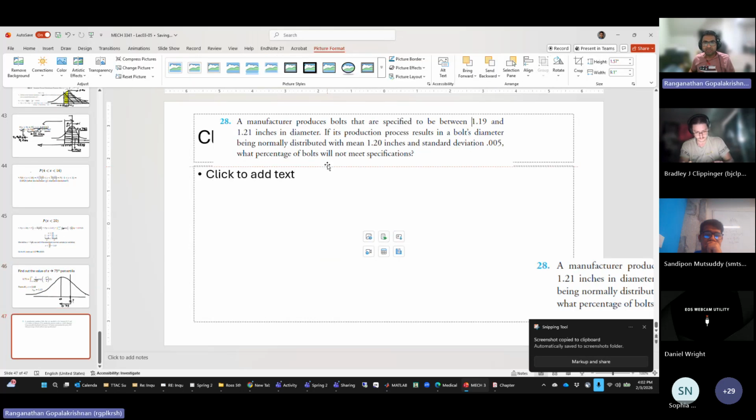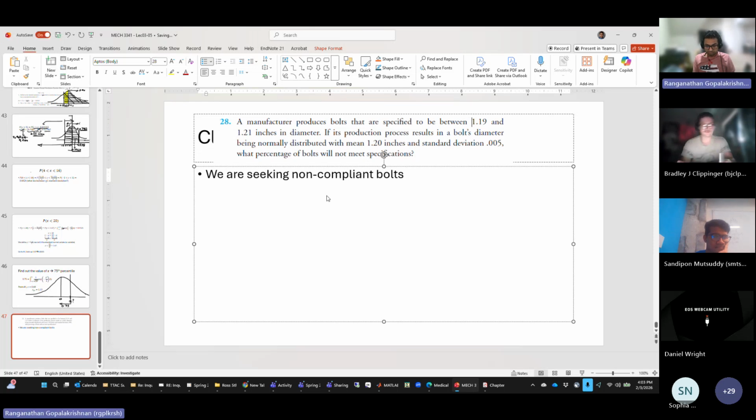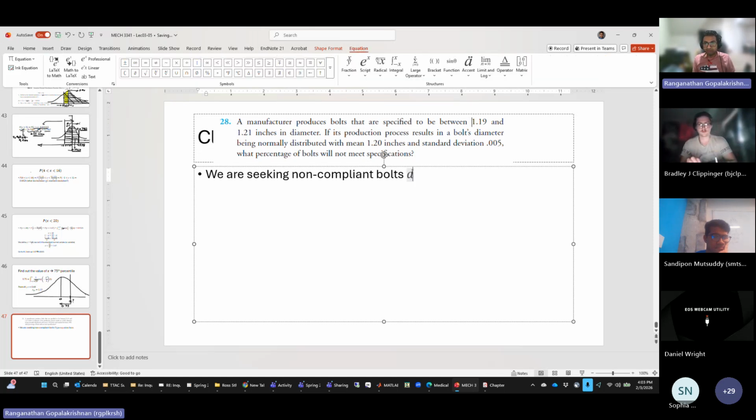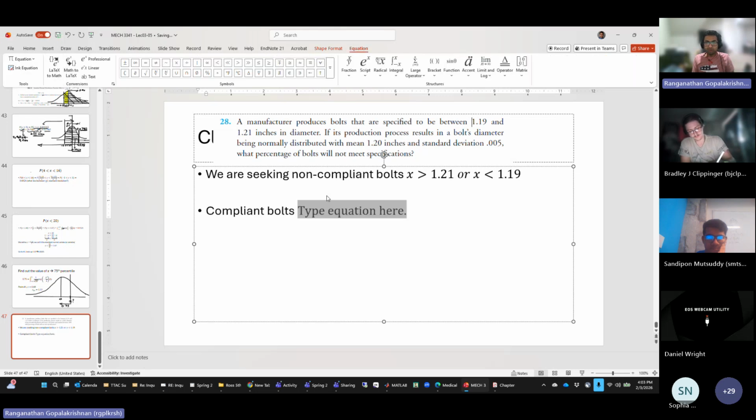So if this is the problem statement, we are seeking non-compliant bolts whose diameters, we'll call the diameter D or X. X is either greater than 1.21 or X is less than 1.19. These are non-compliant. So the compliant bolts will have an X value between 1.19 to 1.21.